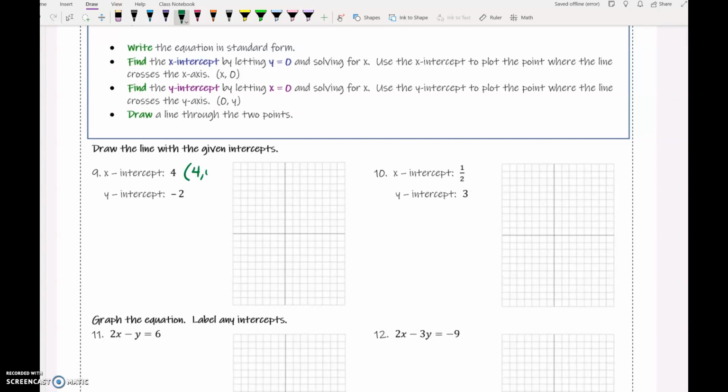That is the coordinate 4, 0. X-intercepts have a y value of 0. That's where they cross the x-axis. So that one crosses the x-axis at 4. And it has a y-intercept of -2. 0, -2. That line would look like this.